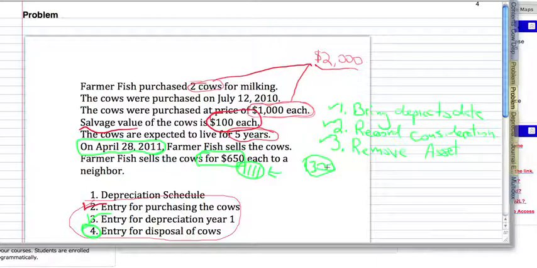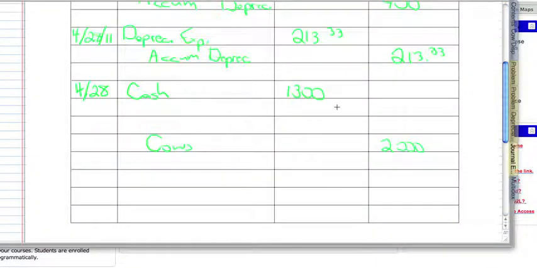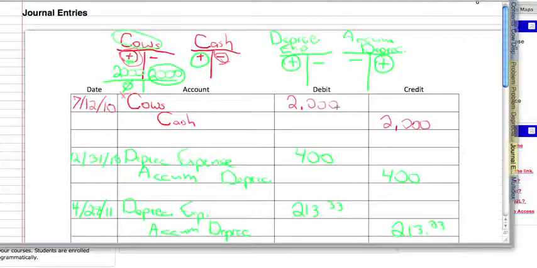I've done that, that, and that. Now step 4, remove the accumulated depreciation. Let me show you how we do that right now, and that's why I like the T accounts. We would post this amount in here, so we have 400, and then we'd also have another amount of 213.33.